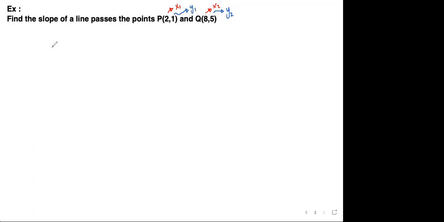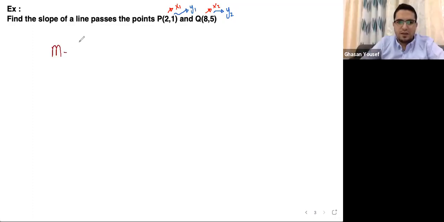So again, you plug inside the formula. The formula says m equals the difference of y2 minus y1 over x2 minus x1. It is direct, you just plug inside the formula.